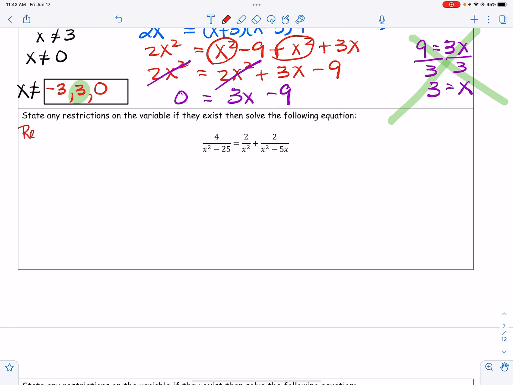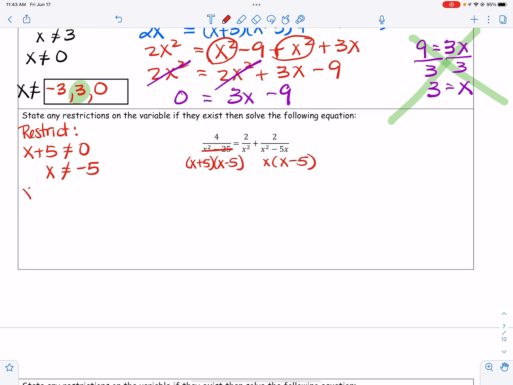So I'm going to say my restrictions. This, remember, is x plus 5, x minus 5. And this is going to be x times x minus 5. So if I have x plus 5 cannot equal 0, that says x cannot be negative 5.